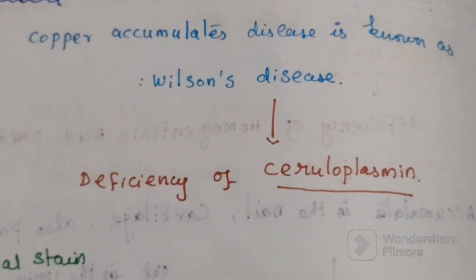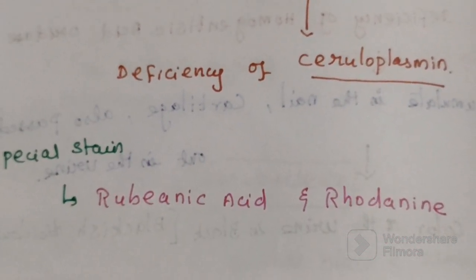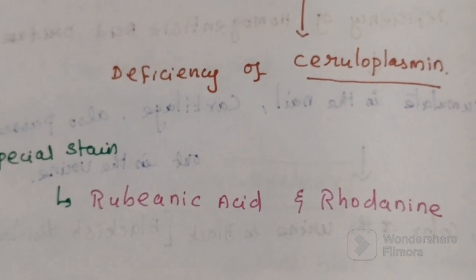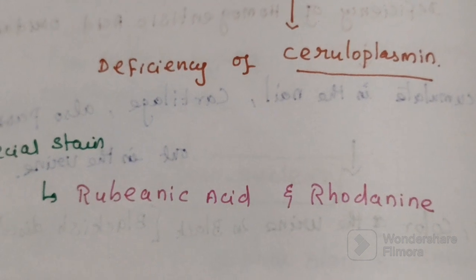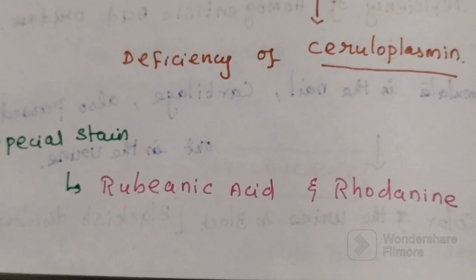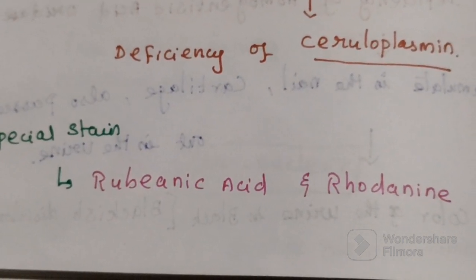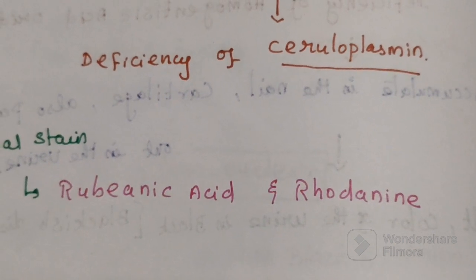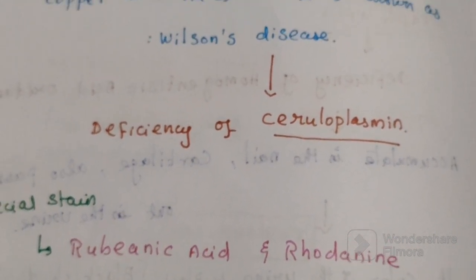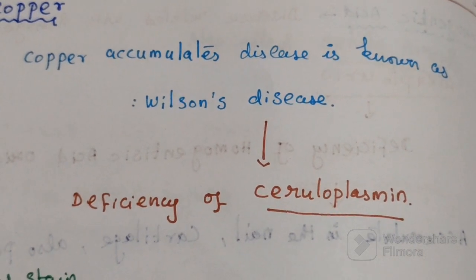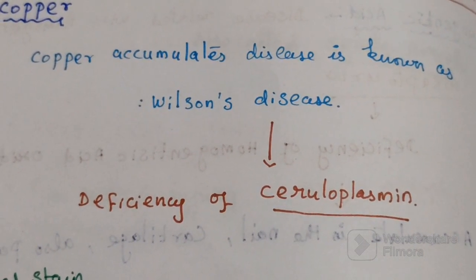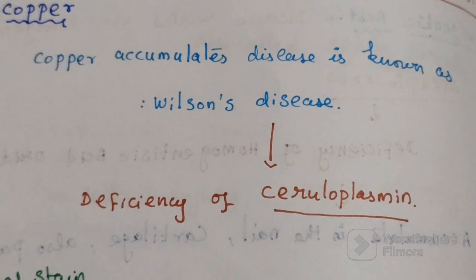What are the special stains for copper? Rubeanic acid and rhodanine. So, deficiency of ceruloplasmin causes Wilson disease.